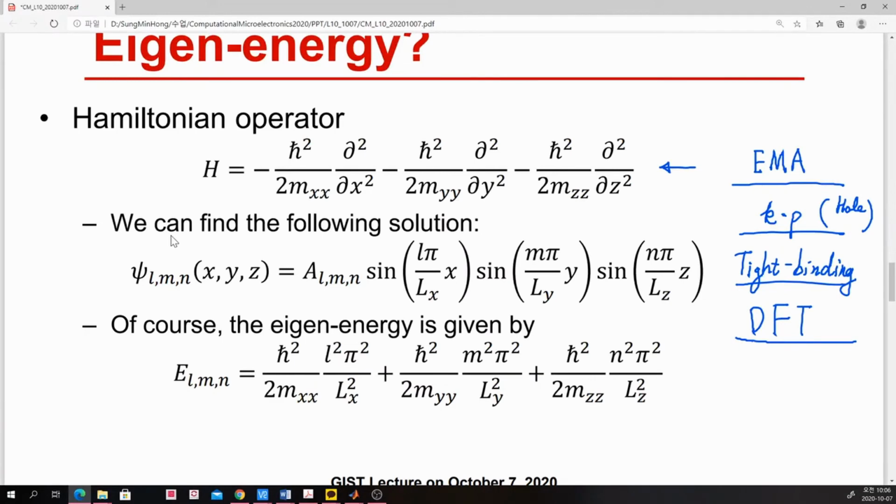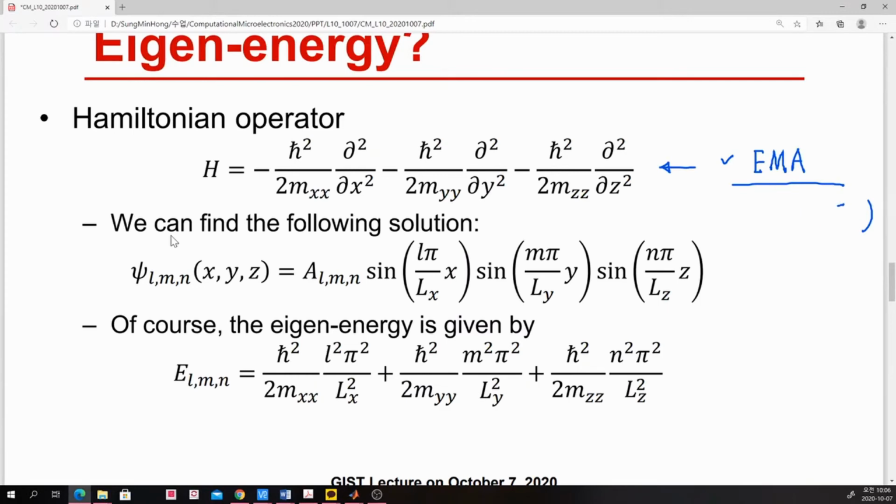There are many different hierarchies of Hamiltonians in the computational microelectronics course, but we are at the beginner position, so we will not talk much about these advanced systems. We will just use the simplest one, the effective mass Hamiltonian.